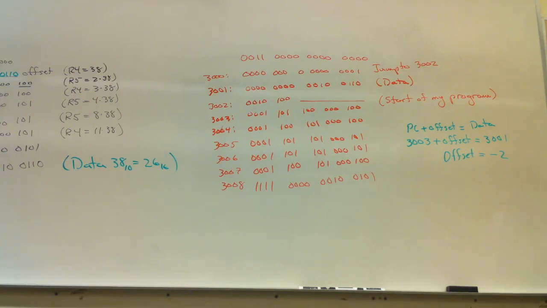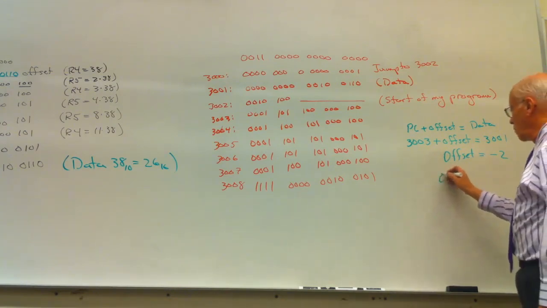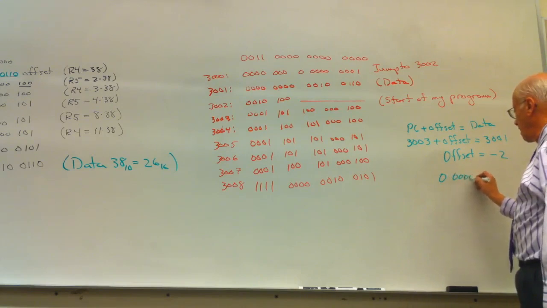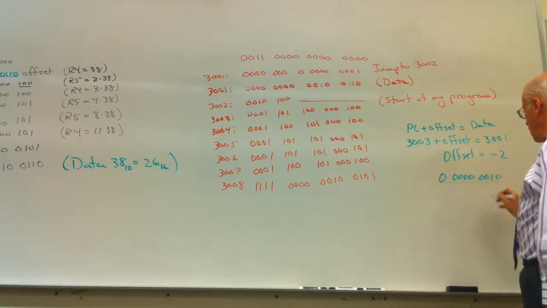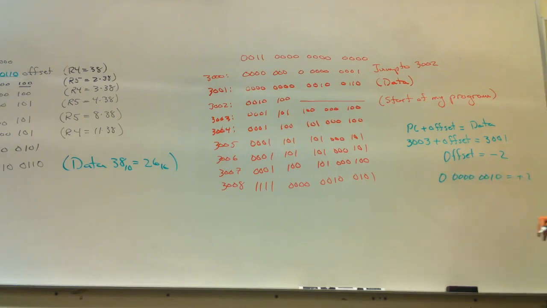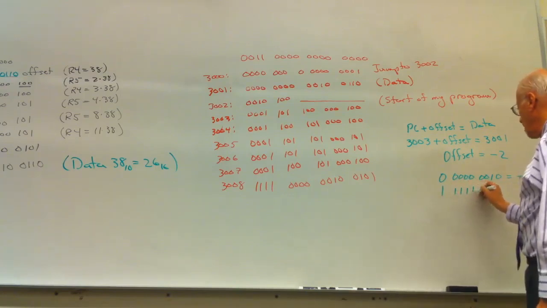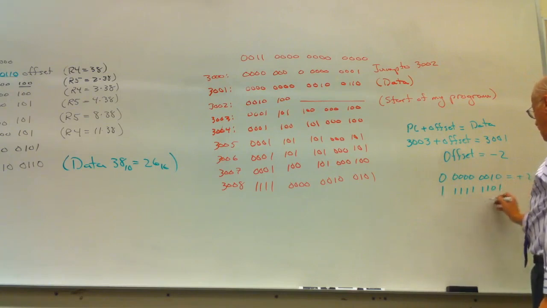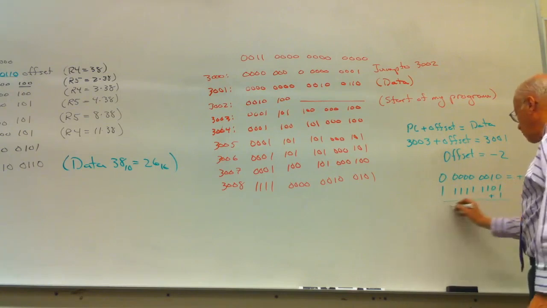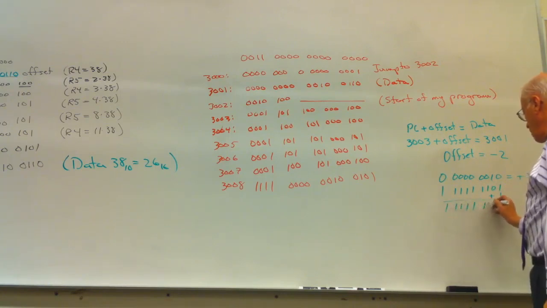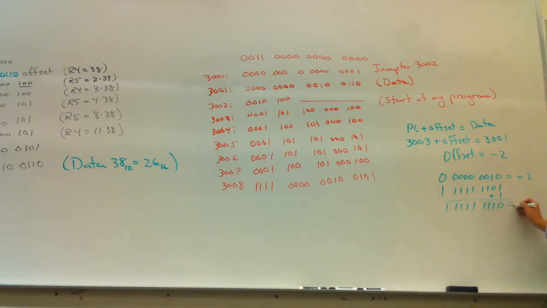Well, we can figure that. We're working with 9 bits. There's +2. To get -2, I change all the bits and add 1. And that's -2.